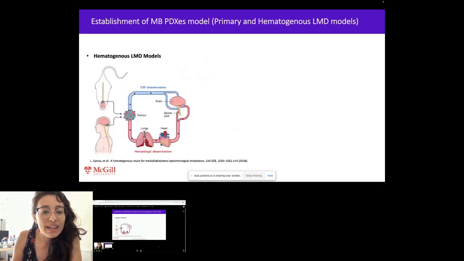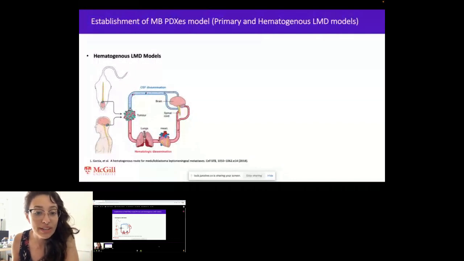The metastatic model is a little bit more complicated. We know that very rare cells from the primary leave the central nervous system, travel through a hematogenous route, and then interestingly they go back to the central nervous system to invade and form leptomeningeal disease or metastasis.